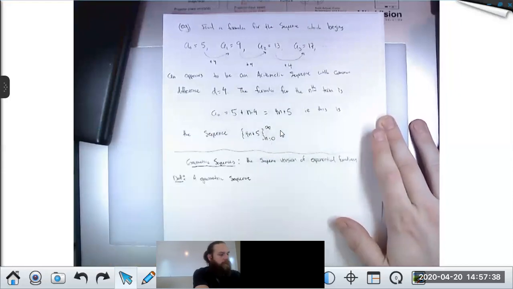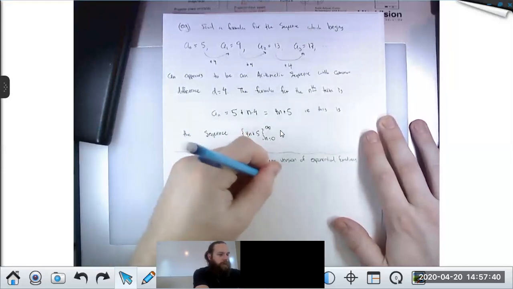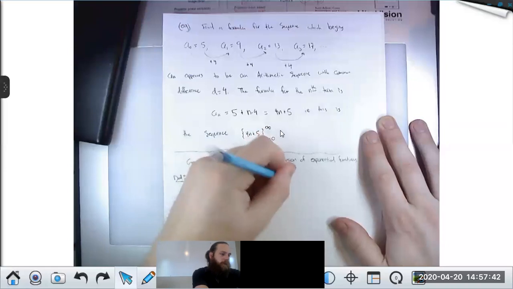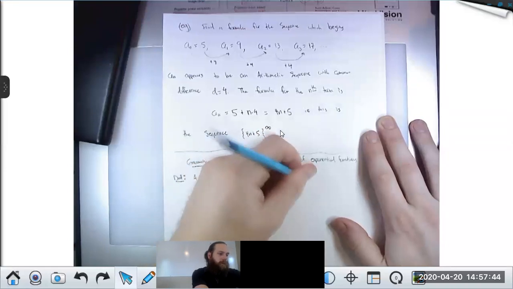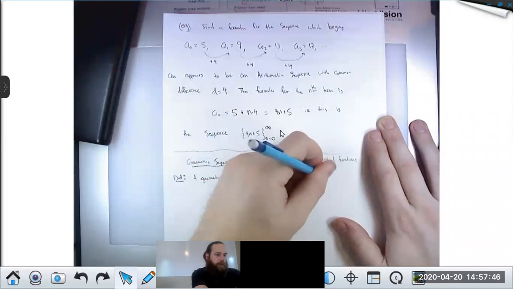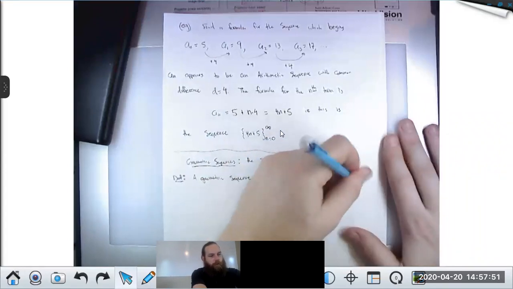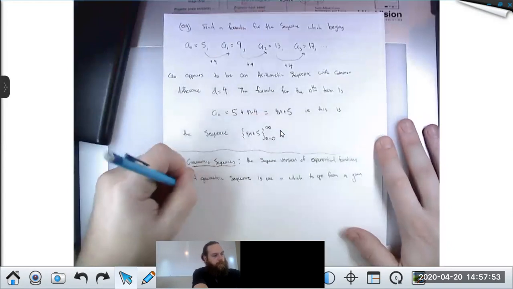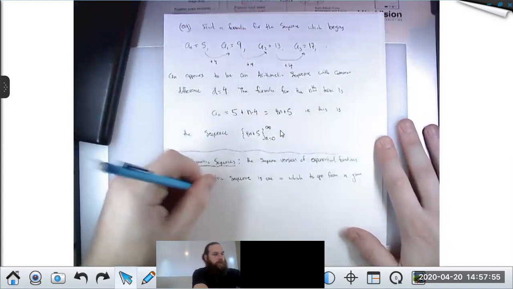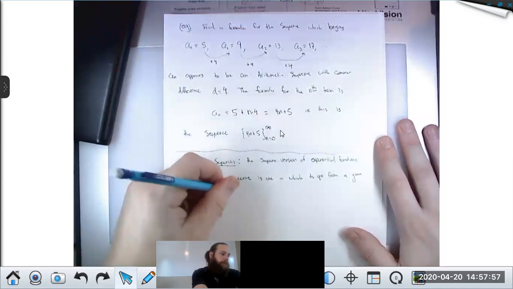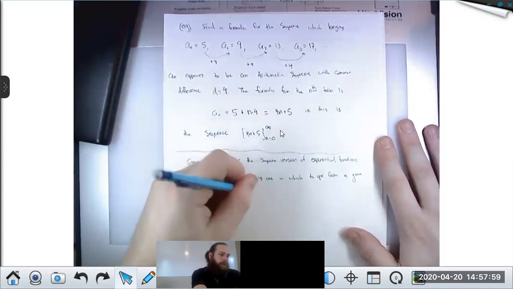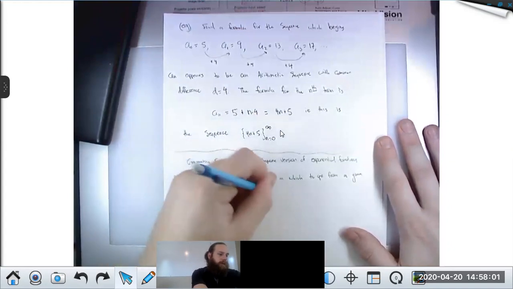a few ways to think of it is one in which to go from a given term to the next term, we multiply instead of adding.